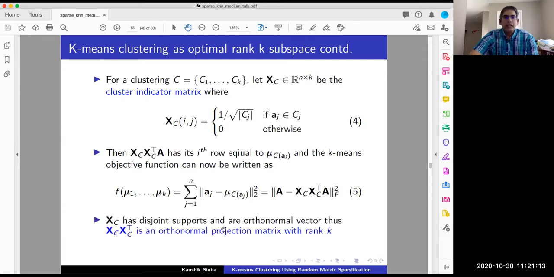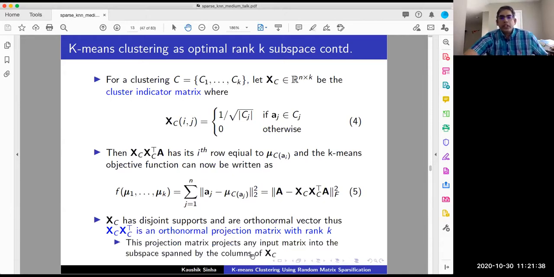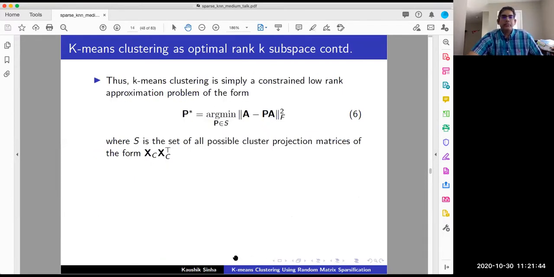Now, X_C has disjoint support because any point can be assigned to only one cluster. We are looking for disjoint clustering. So that means if you look at any row of this matrix X_C, only one entry of that row will be non-zero. Everything else will be 0, depending on which cluster that point has been assigned to. And X_C times X_C transpose is an orthogonal projection matrix of rank K. This projection matrix essentially projects an input matrix onto the subspace spanned by the columns of X_C.